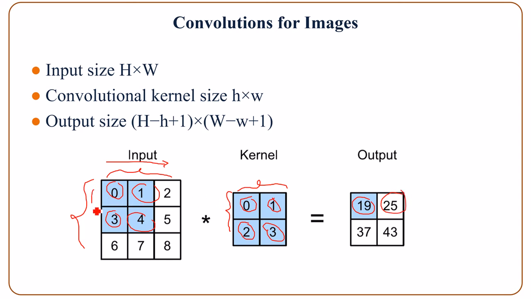Then we move the kernel vertically down and we do the same thing. You get 37. And then we move it to the right by one column and calculate the multiplication again and sum together again, and we have 43.